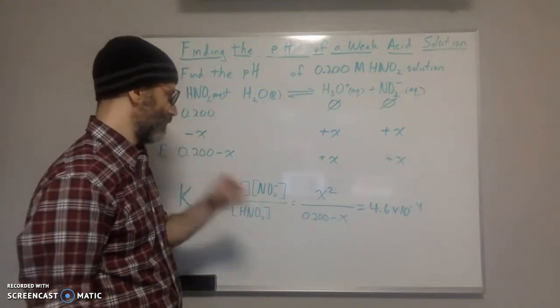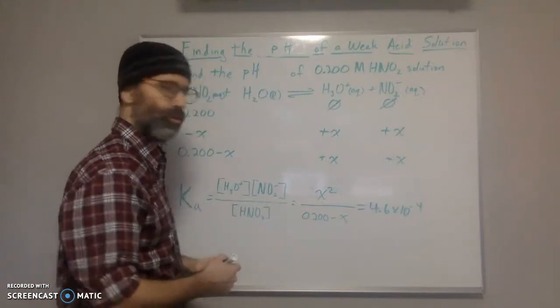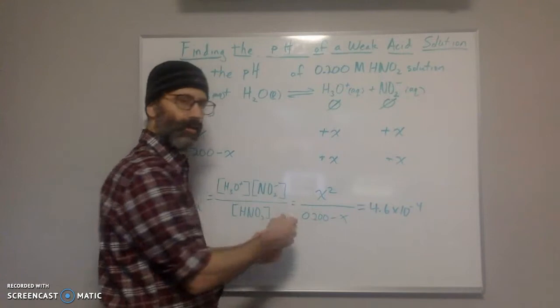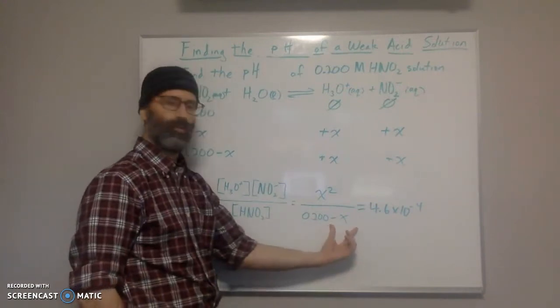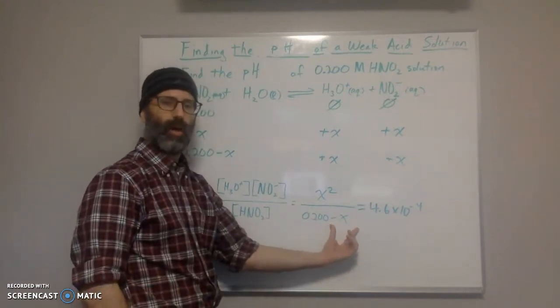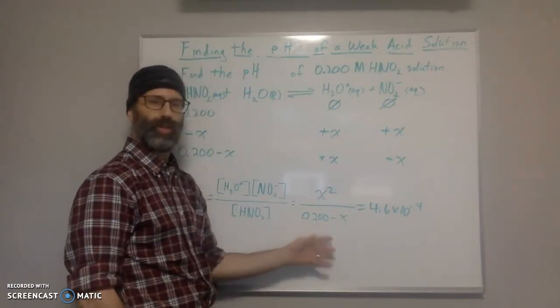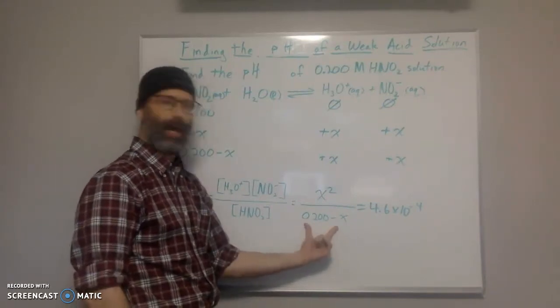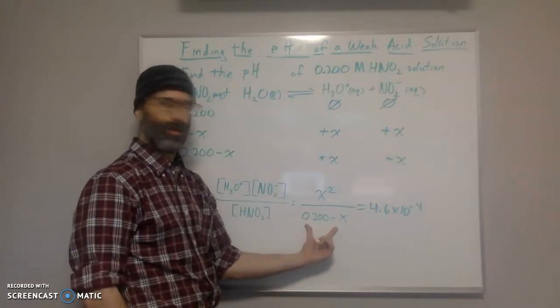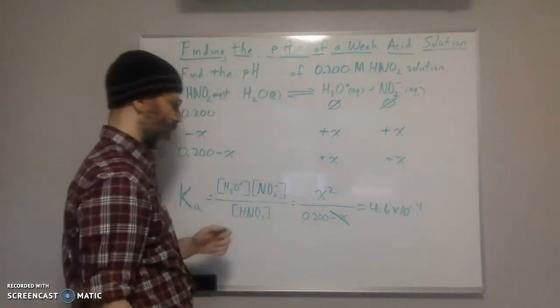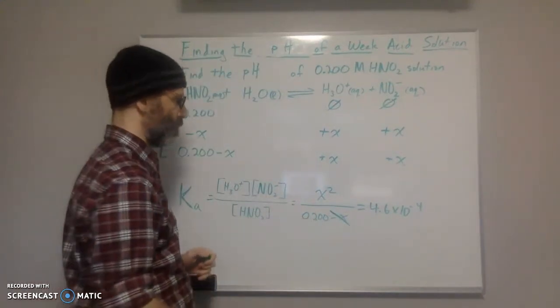So here we'll do our x is too small approximation. Basically, what that means is we assume that x is so small that even if you subtract x from 0.200, you pretty much still have 0.200.